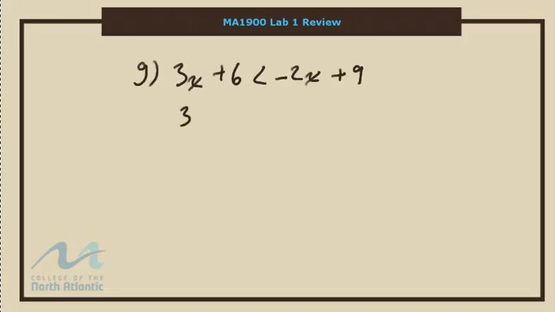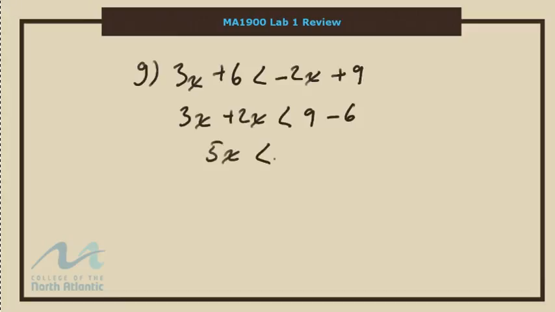I'm going to say that that's going to be 3x plus 2x is less than 9 minus 6. It's going to be 5x is less than 3. x is less than 3 over 5. And again, that's going to be my answer.